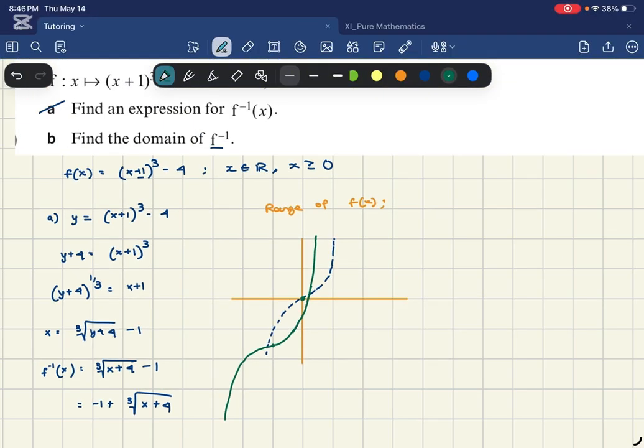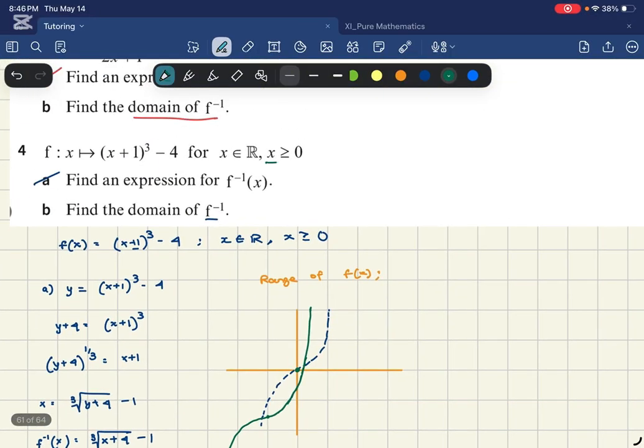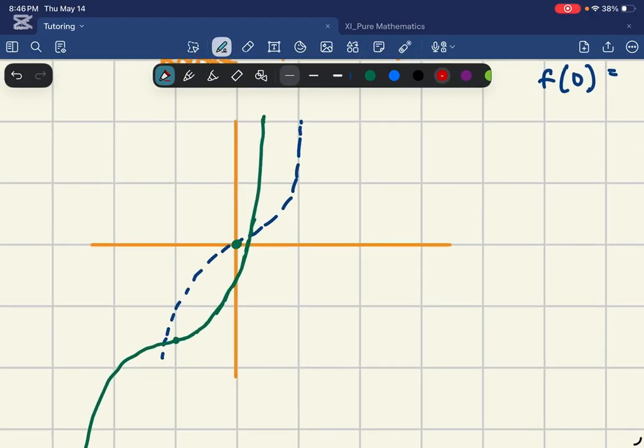So now that I know what it looks like, and I am given x is bigger than or equal to 0, let's evaluate this function at 0. Well, f of 0 is equal to 0 plus 1 cubed, which is 1, minus 4, is negative 3. So at 0, it intersects at 0 comma negative 3. Let's just consider x bigger than or equal to 0, right?